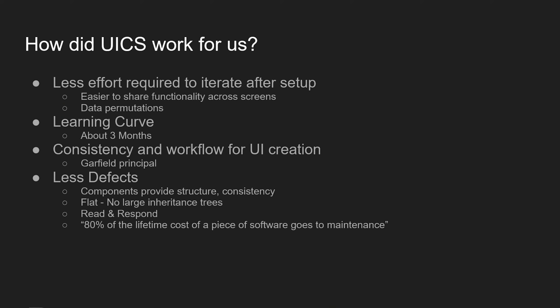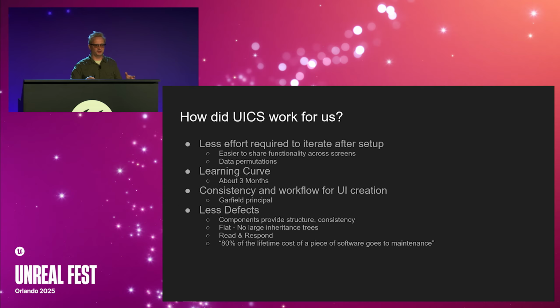Interestingly, when we got to the end of Midnight Suns and were taking a look at the bugs coming in, we had far fewer defects in things that were in components than in other things in the system. Some of the things we identified for that: components provide structure and consistency like we were talking about before, and they're also very self-contained.